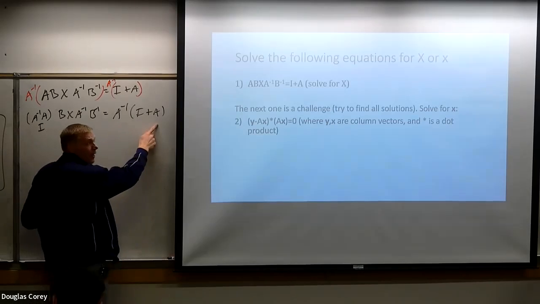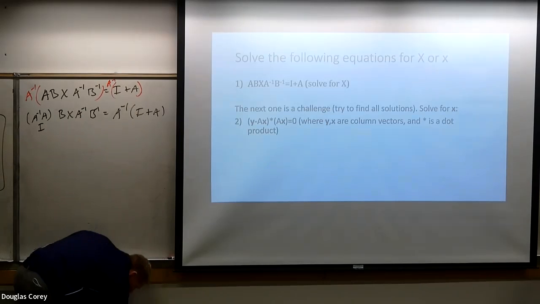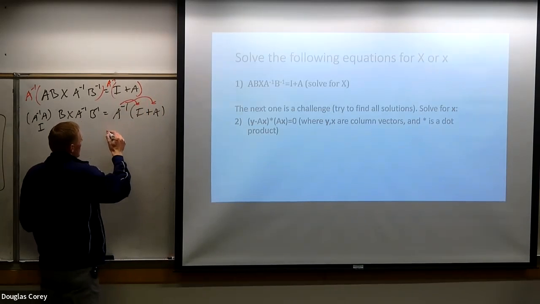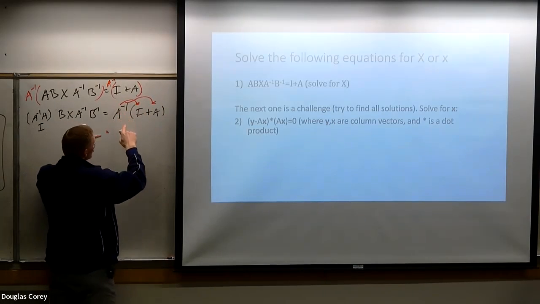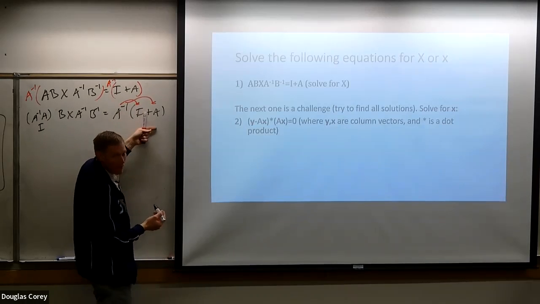Here, let's simplify this side. I can distribute this out. I have to be careful though, because if I'm multiplying this on the left, when I distribute out, I need to keep that A inverse on the left hand side.